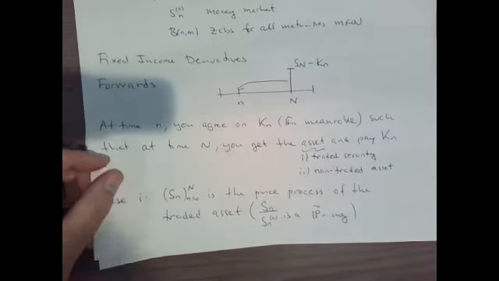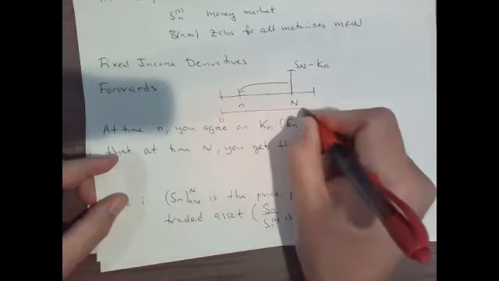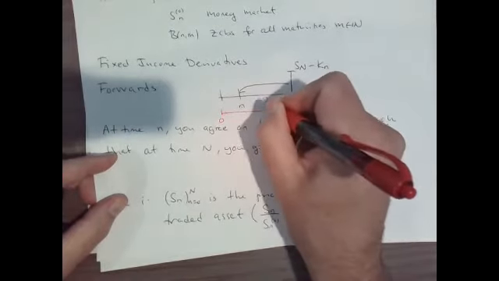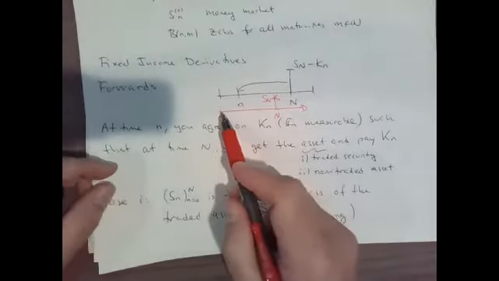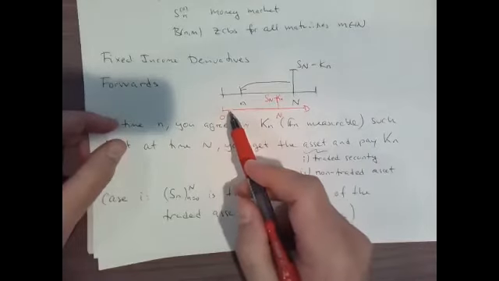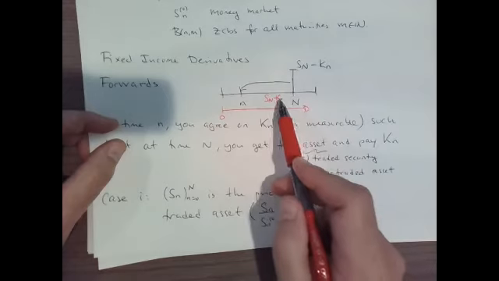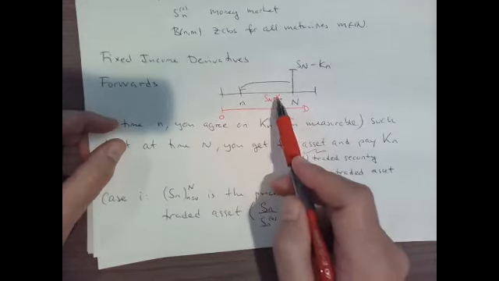Like for example, if you're sitting here at time 0, n could be 0. Then this would be Sn minus a constant. If you're sitting here today and you want to write a forward contract, that amount that you're paying at a future date is going to be constant then.